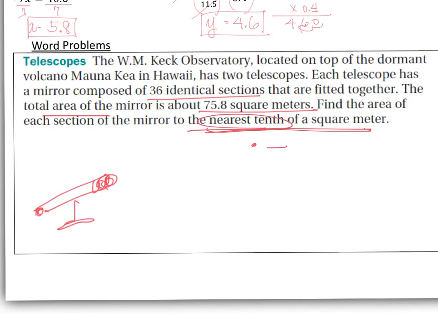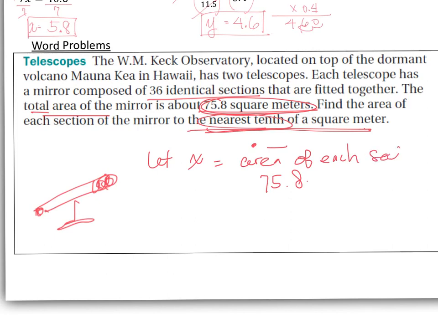Okay, since it told us that the total area is 75.8 square meters, I can let that be one side of the equation. And then I need to first tell my reader what I'm looking for. Let x equal the area of each section of the mirror.